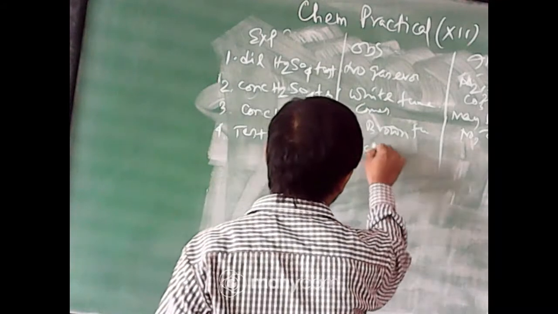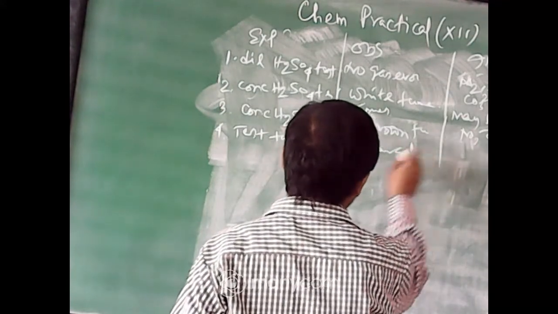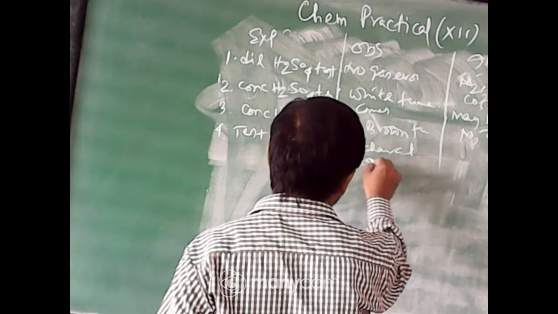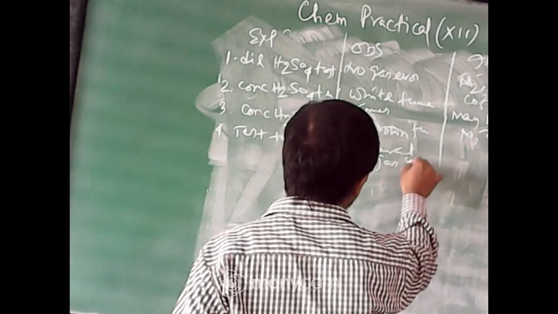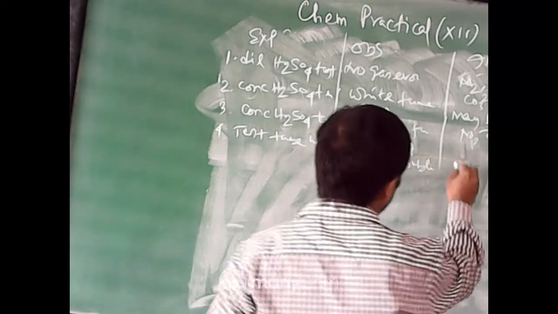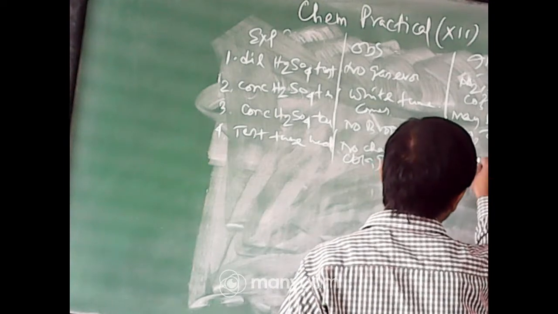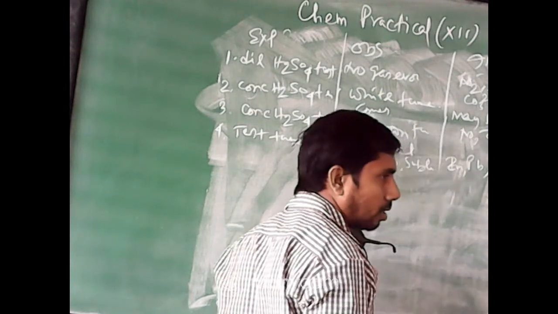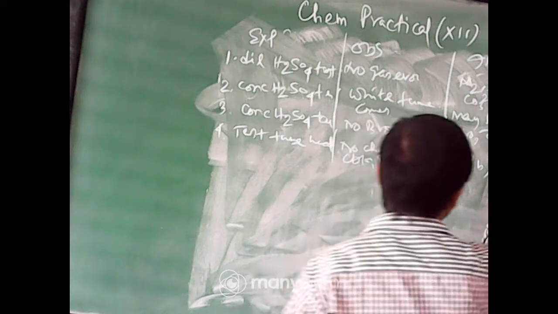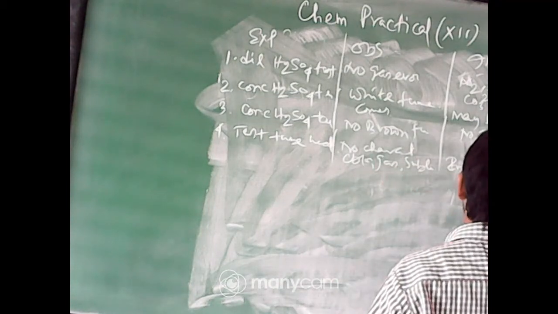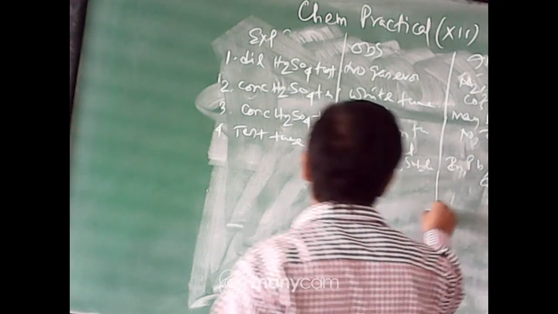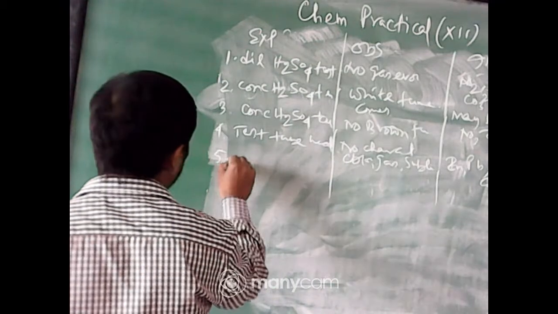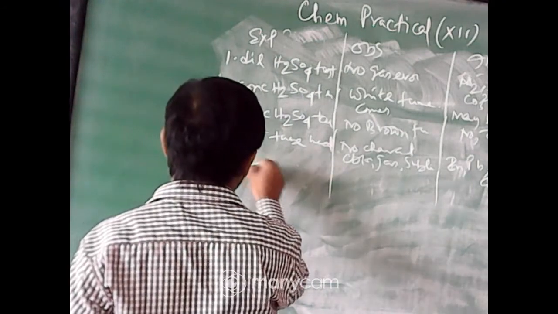No characteristic color, gas, or sublimate. That indicates zinc, lead or ammonium absent. After that, number 5, that is the flame test.